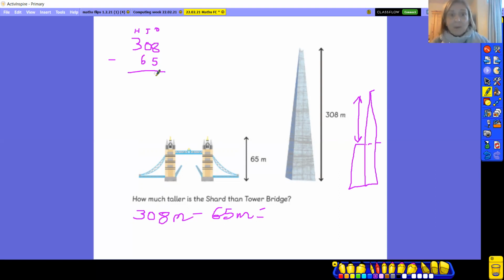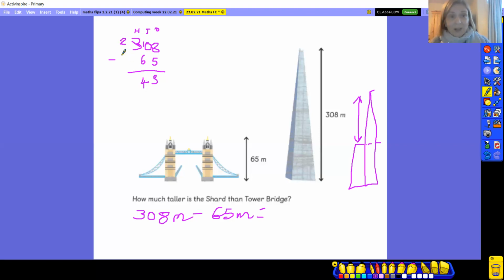So 8 ones subtract 5 ones is 3 ones, well done. Now I've got a problem. 0 tens subtract 6 tens. Can't do that. So I'm going to have to exchange one of these hundreds into 10 tens. So I've got 200 left, and now I've got 10 tens. 10 tens take away 6 tens is equal to 4 tens.